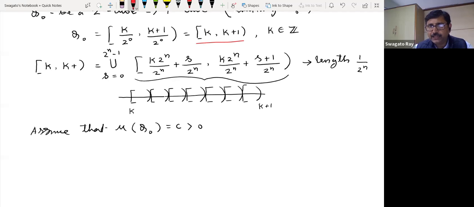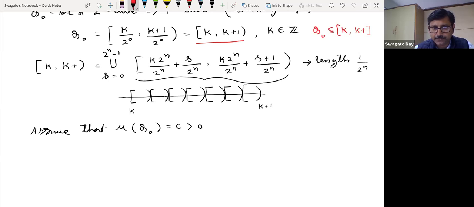This Q0 actually sits inside the closed interval K to K plus 1, which is a compact set, correct? And hence the measure of K to K plus 1 is finite because it's a compact set, and that is the condition on the measure. So mu of Q0 is smaller, and hence in particular it is finite. I don't know what it is.